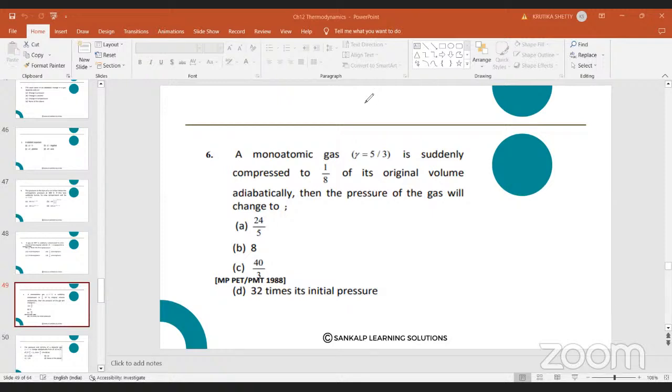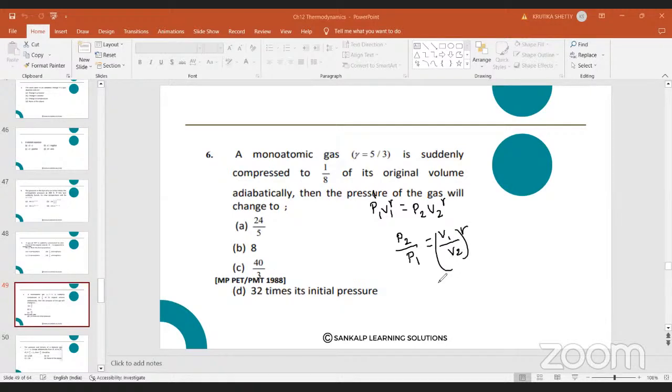See here, according to the thermodynamic equation, it is given by PV raised to gamma, which means P1 V1 raised to gamma is equal to P2 V2 raised to gamma. What they are asking is how the pressure of the gas will change, that is P2 divided by P1, which is equal to V1 divided by V2 raised to gamma.